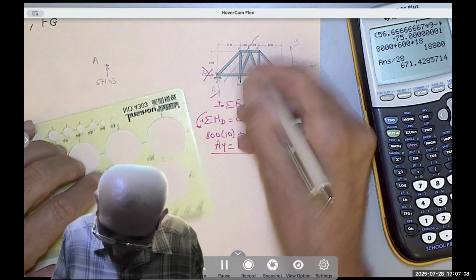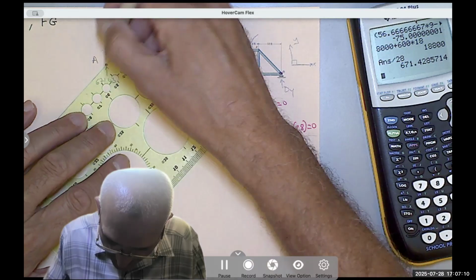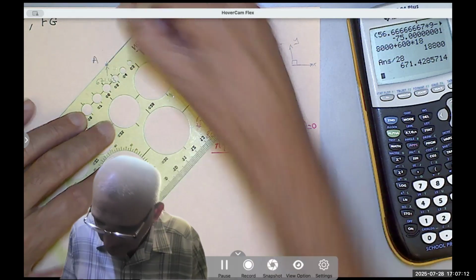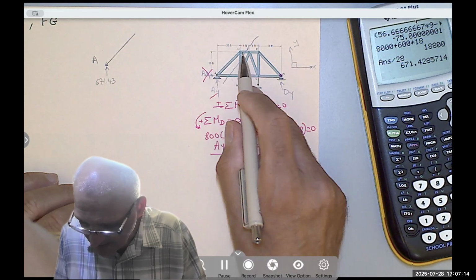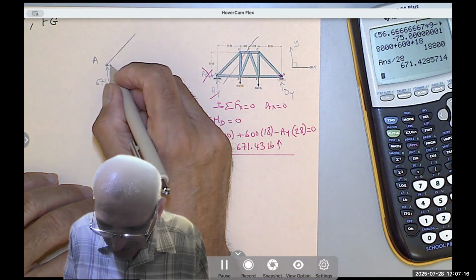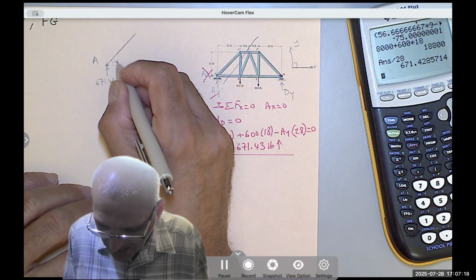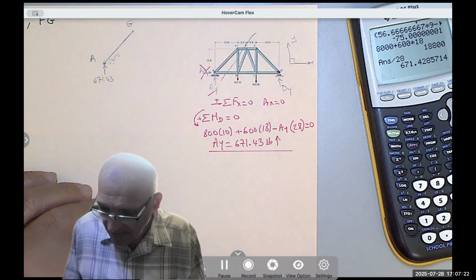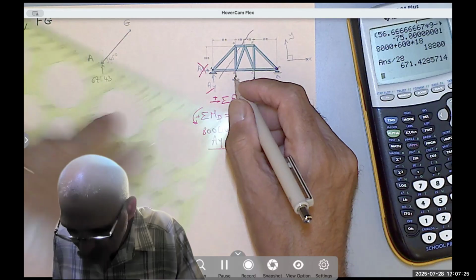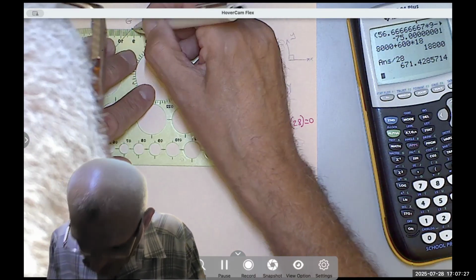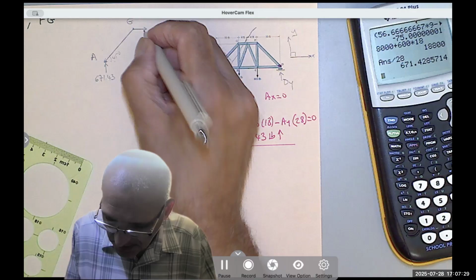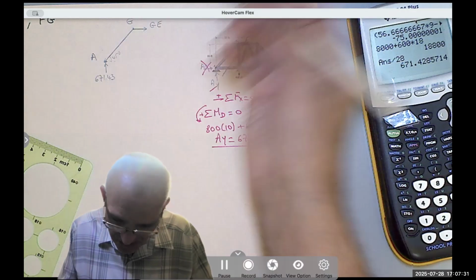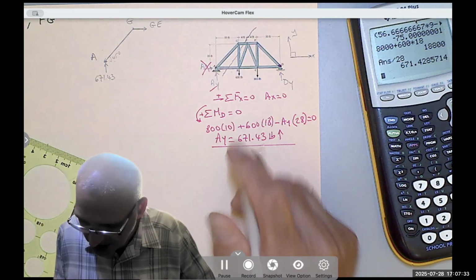And then I have a member AG. This is 10, this is 10, so that's 45 degrees, right? And this is point G. I cut here, so I exposed force GE, not General Electric, or EG, I should have written EG.